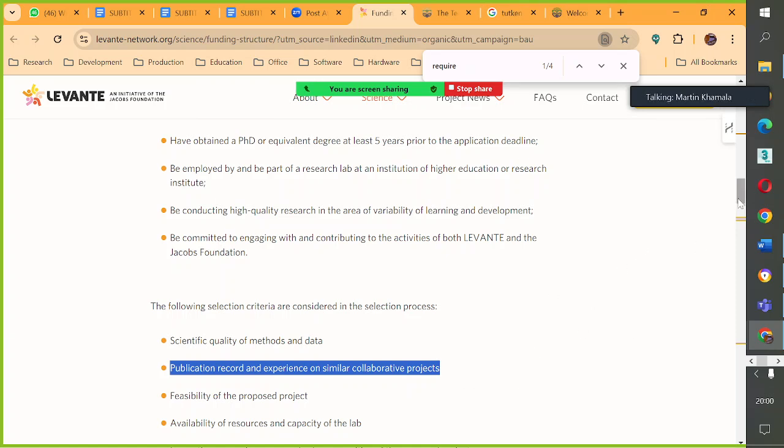Publication record and experience on similar collaborative projects. That's what I was asking. In case we have members who have had some similar experience on a collaborative project of this kind, you can give information so that we back it up with what we already have.